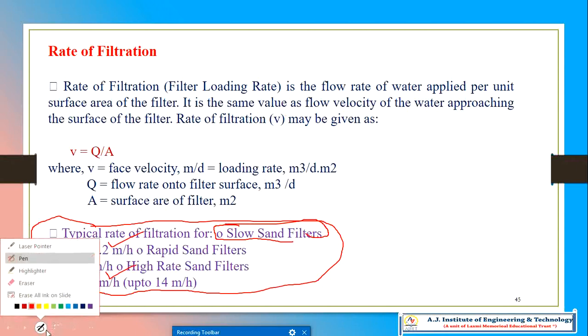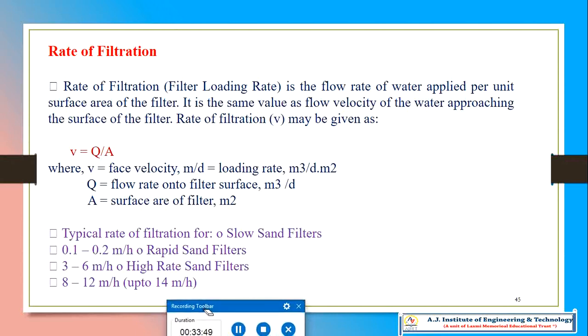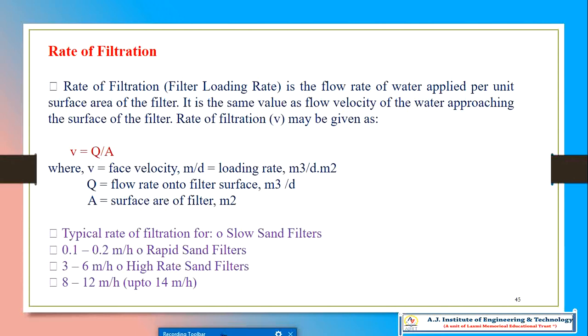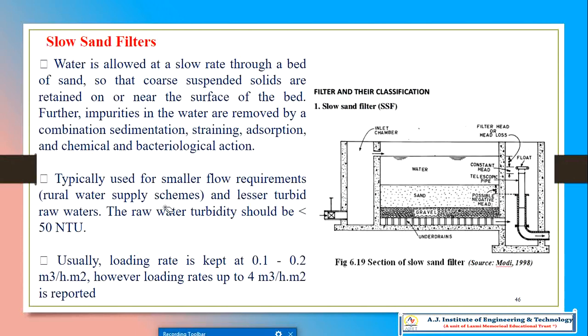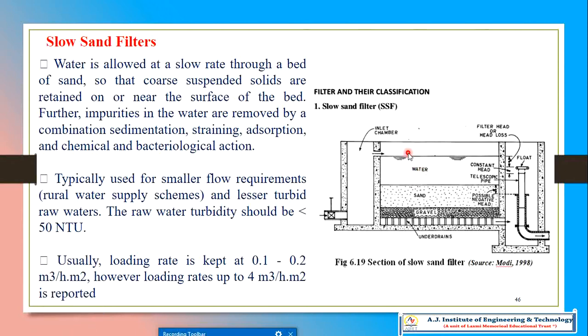Very simple. The rate of filtration especially depends on the surface area of the tank with respect to discharge. Okay. So now we'll move to another slide, the classification of filters, and the main filter, that is called a slow sand filter.